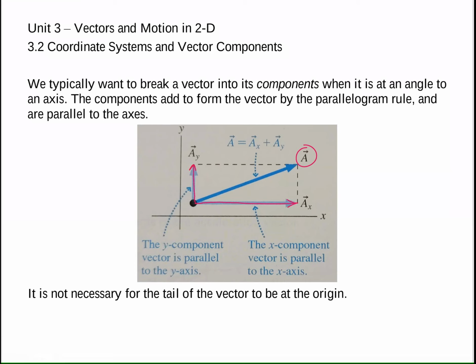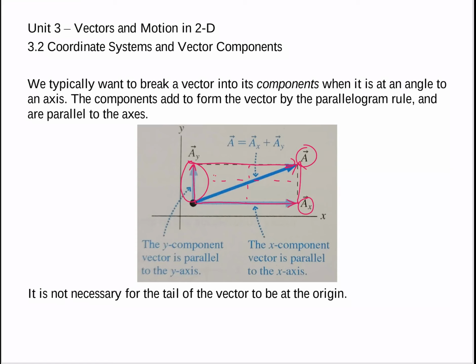If you use the parallelogram rule, you can see that I could take this A sub y vector and move it over here to form a right triangle. And I could instead take this vector A sub x and move it up here to form this right triangle instead. What I've created is a parallelogram.